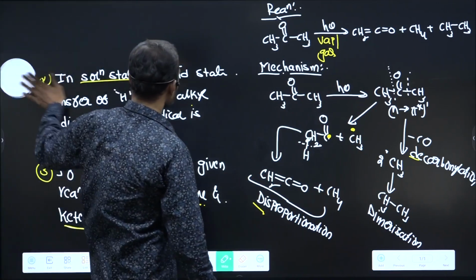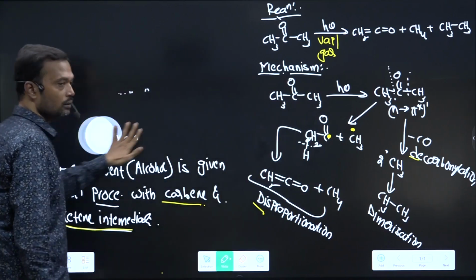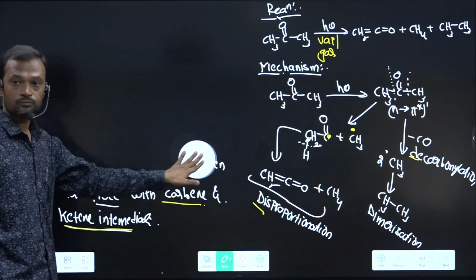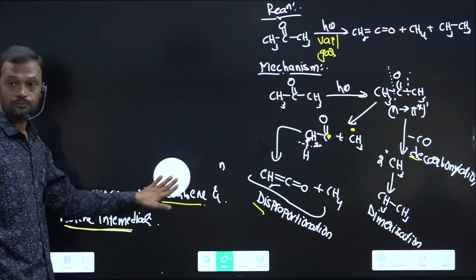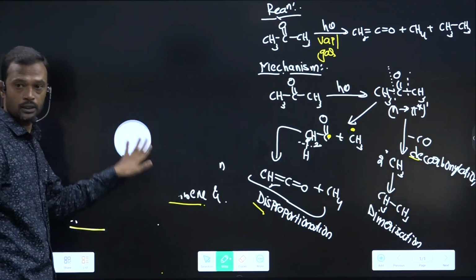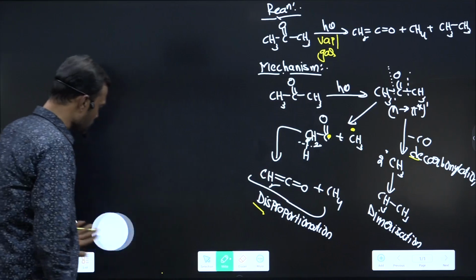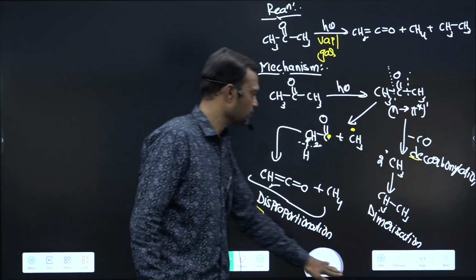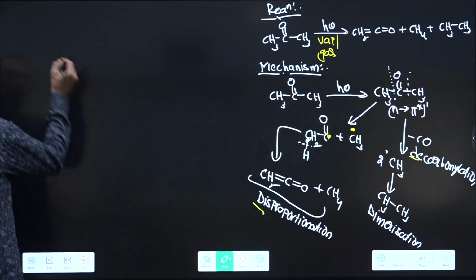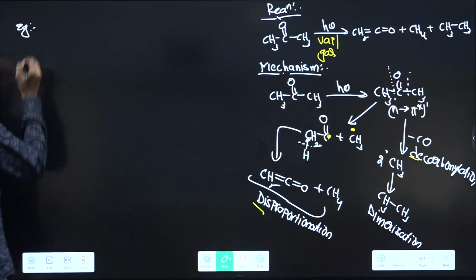So what is the actual state for Norrish 1, n to pi star singlet or triplet? Both are possible. Effective is triplet only. The n to pi star triplet is the most effective state for Norrish 1. Now see the applications.